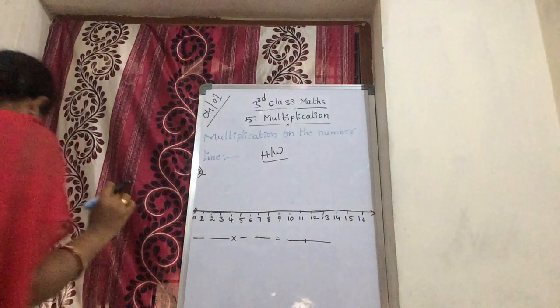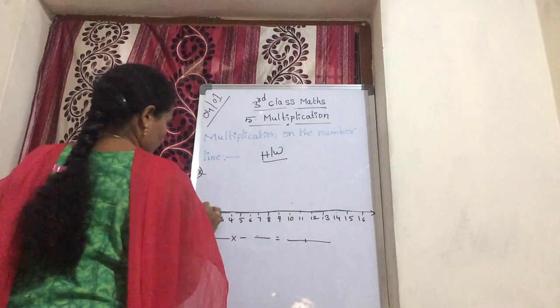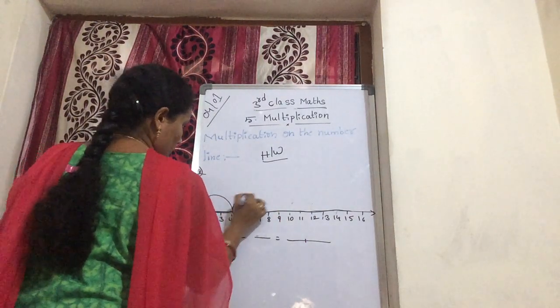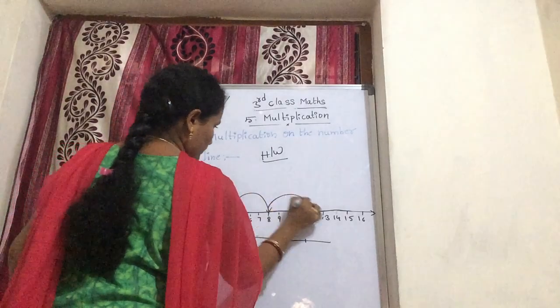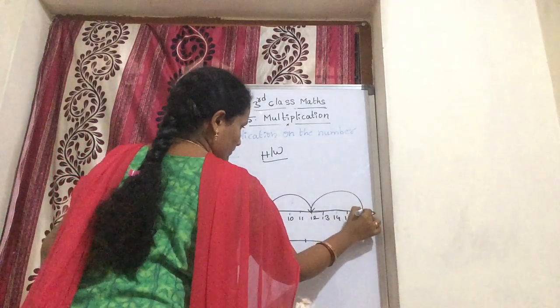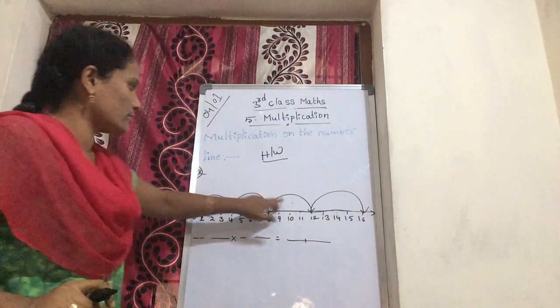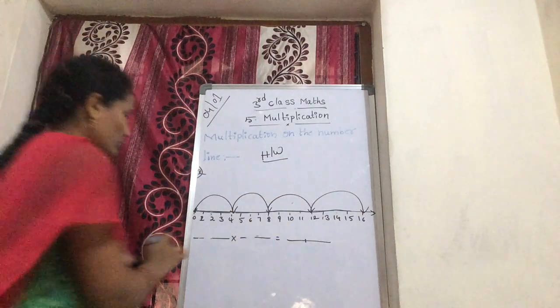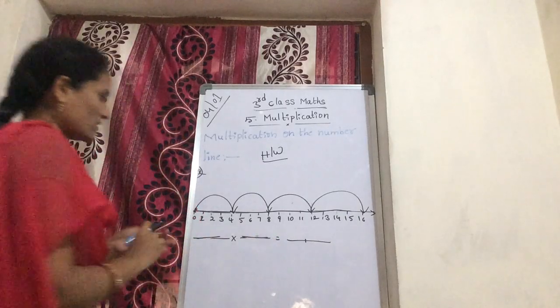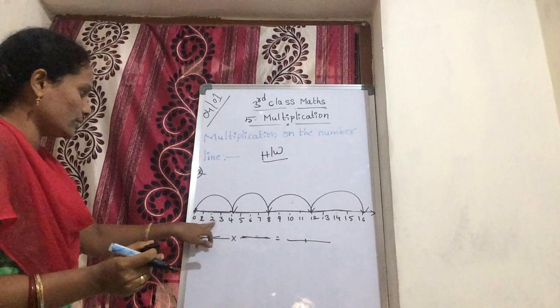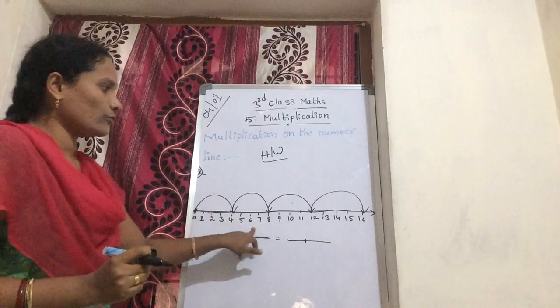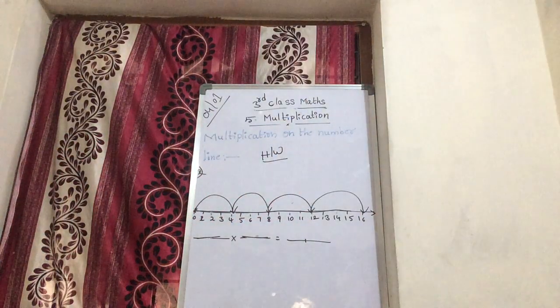You count first: how many times repeated? 1, 2, 3, 4. So you write down 4. So in each time, how many steps forward, Amma? 1, 2, 3, 4. 4 into 4. You get the answer. Okay? That is your homework. So do that.